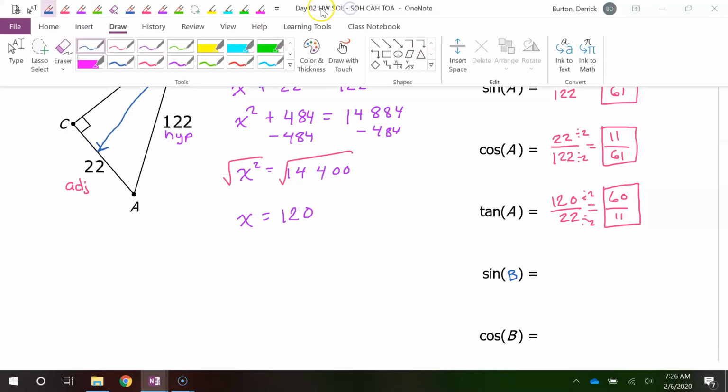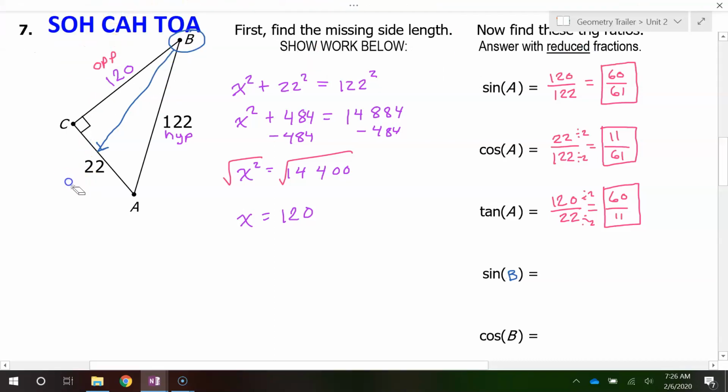That's going to change which is opposite and which is adjacent. So now the 22 becomes the opposite leg because we're talking about angle B. The 120 is now the adjacent leg.